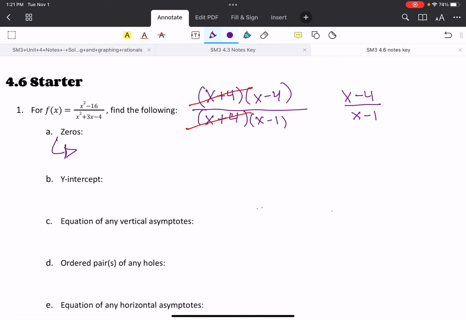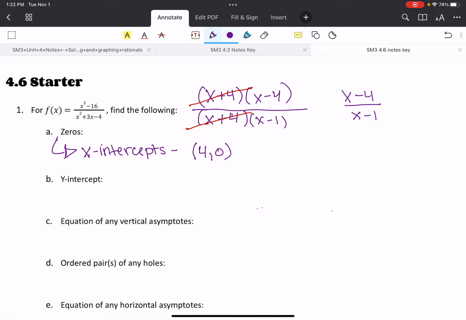Cool. This is your x-intercept, which is 4, comma 0, because it's a coordinate point. Because we set our numerator equal to 0. Why then is it not also the negative 4, like cancel out or reduce?